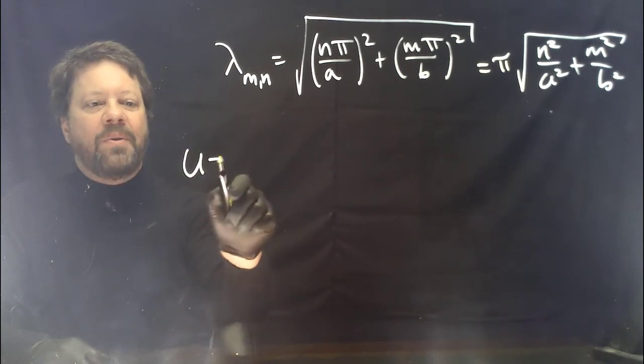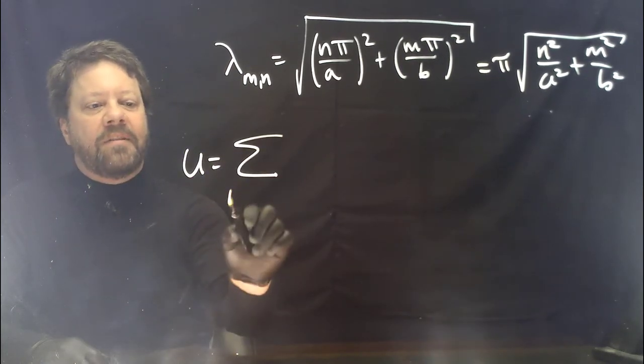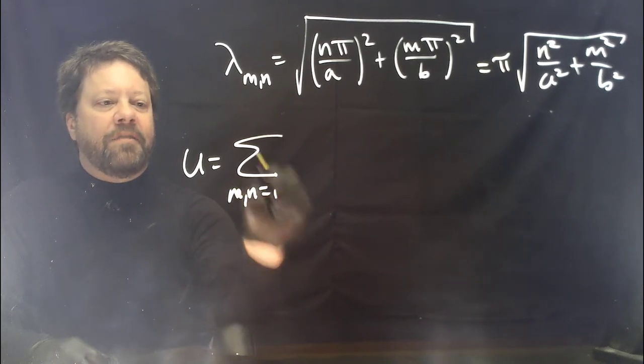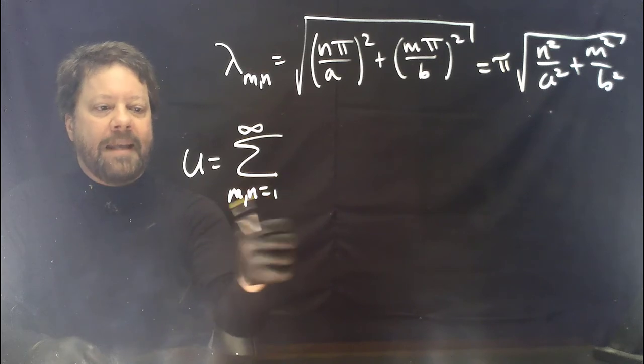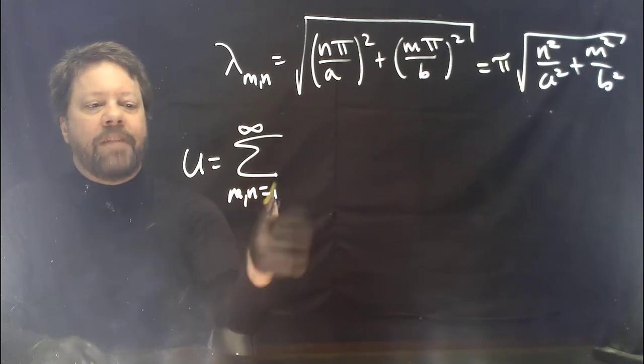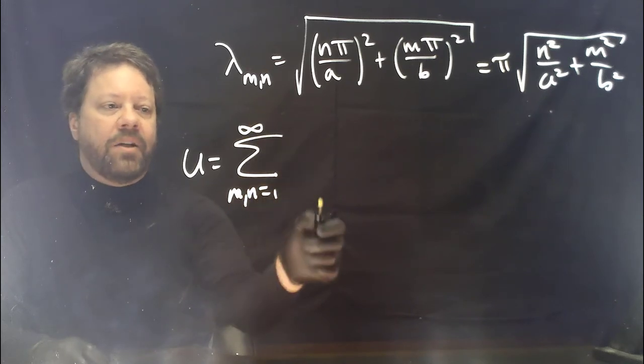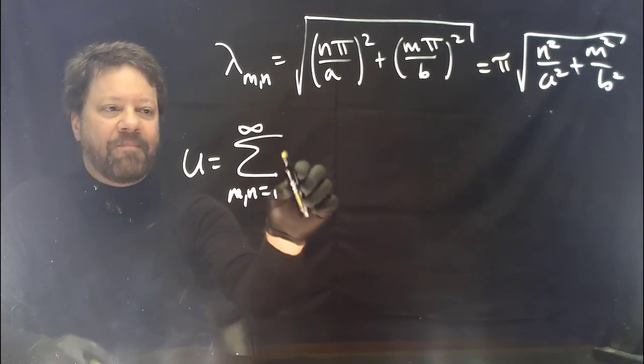We'll have u is the sum as m and n go from 1 to infinity. This is really two sums here. The sum as m goes from 1 to infinity, and the sum as n goes from 1 to infinity separately.